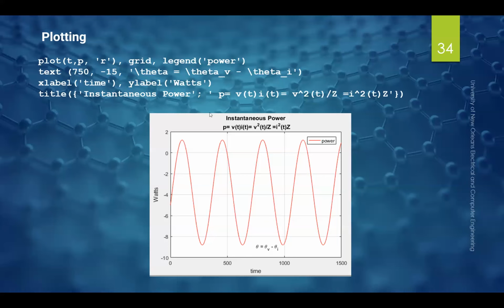So in this case, I have in the title 'instantaneous power,' of course, in single quotes, right? Followed by the semicolon, which tells the plot to go to the next line. And then on the next line, I have the definition of power in terms of voltage and in terms of current.